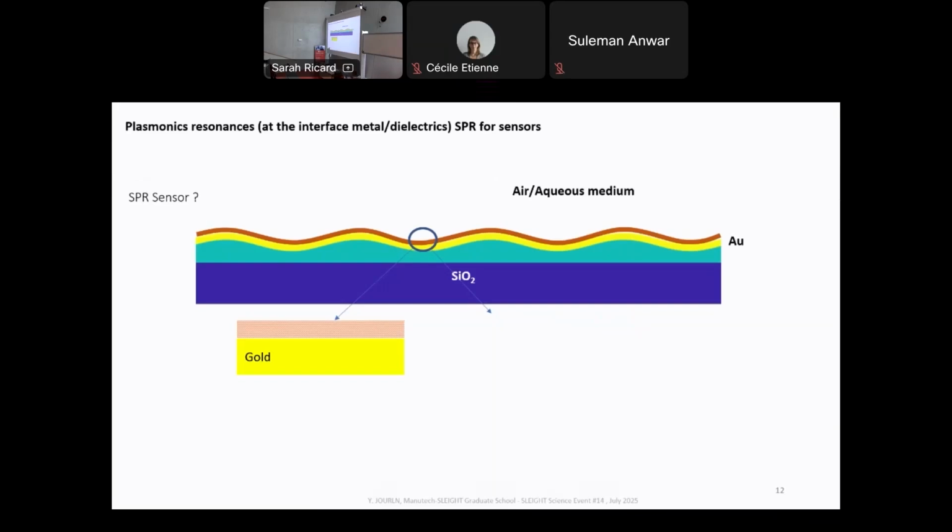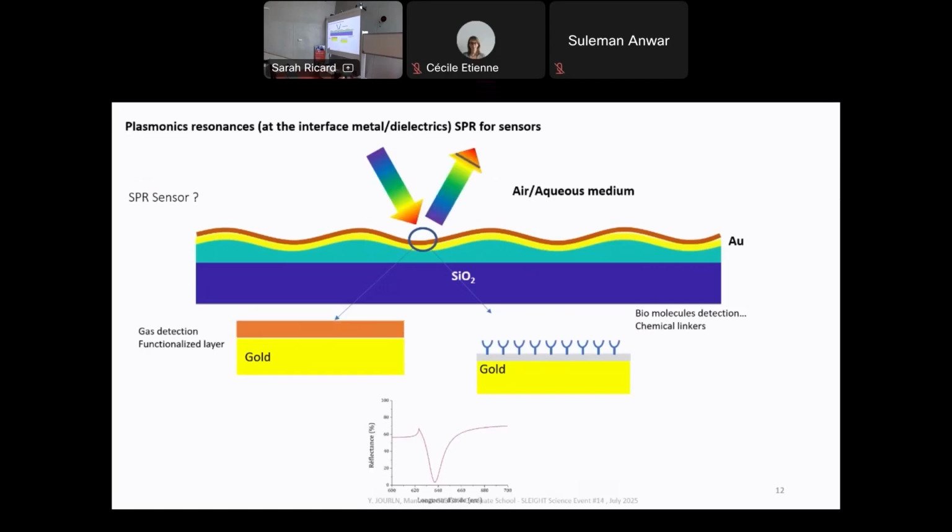There are two main approaches: a bulk layer for gas detection mainly, where this functionalized layer will absorb, or we will have a chemical reaction which will change the refractive index or the permittivity; or, in the case of biomolecules detection, we will functionalize with a chemical linker to have this kind of binding of the target molecules. It will change in both cases the resonance.